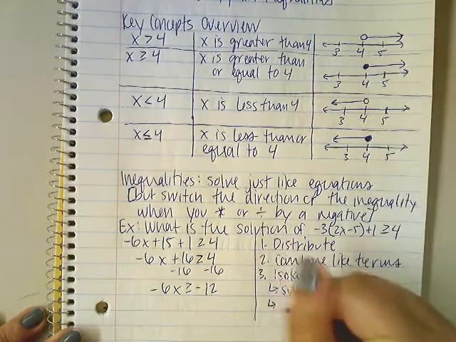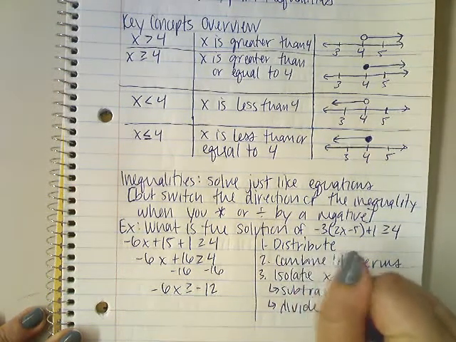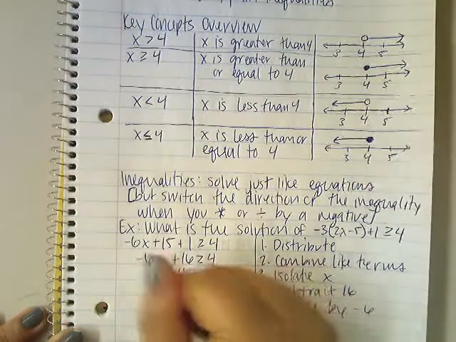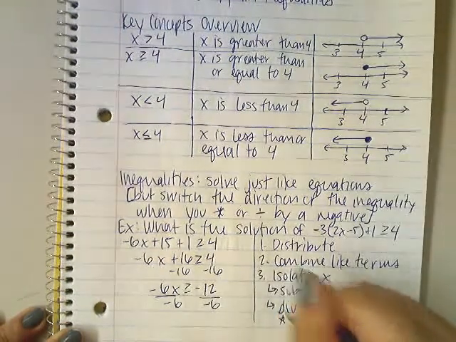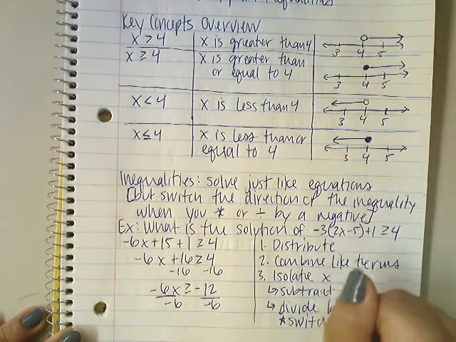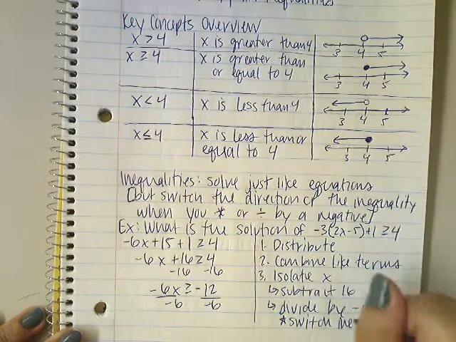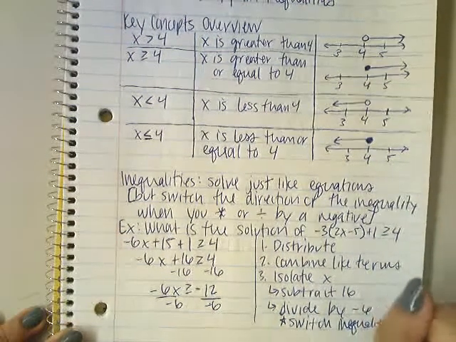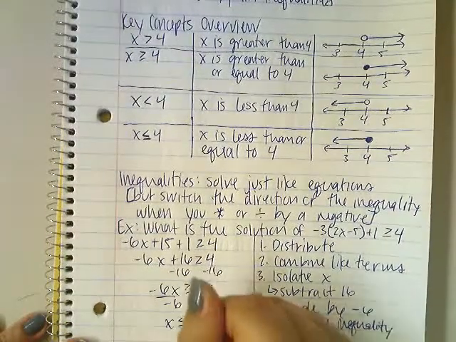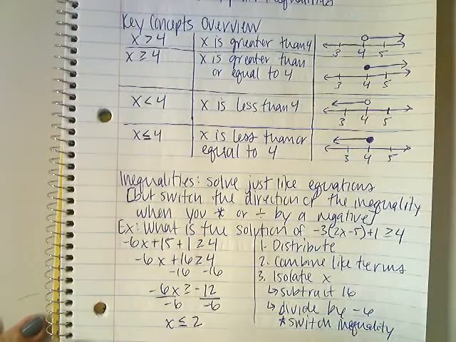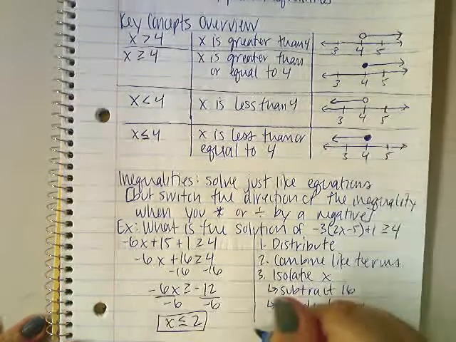And I divide by negative 6. Since I do that, I need to switch the inequality direction. So this becomes x is less than or equal to 2. So my solution is x is less than or equal to 2.